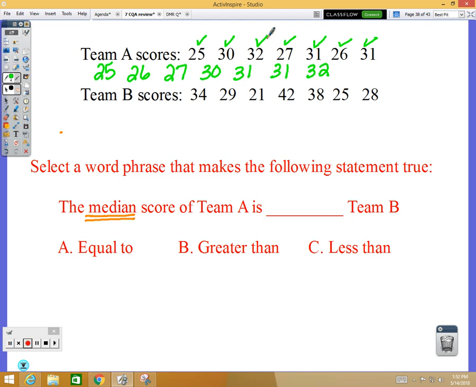Perfect. All right, the median of that is 30. I'm going to go down here and say Team A is 30. Now I'm going to do Team B, 21, 28.